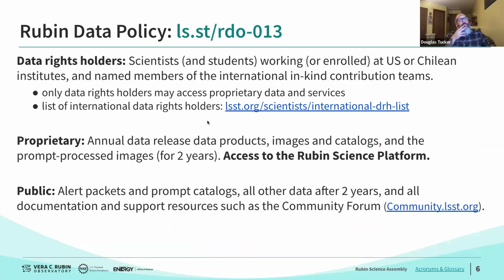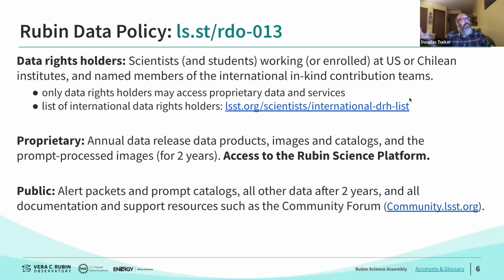Just to mention also the Rubin data policy. It's listed at ls.st/RDO013. Data rights holders consist of scientists and students working or enrolled at U.S. or Chilean institutes and named members of international in-kind contribution teams. Only data rights holders may access proprietary data and services. If you have any question of whether you're on the list or not, the list is on this website.